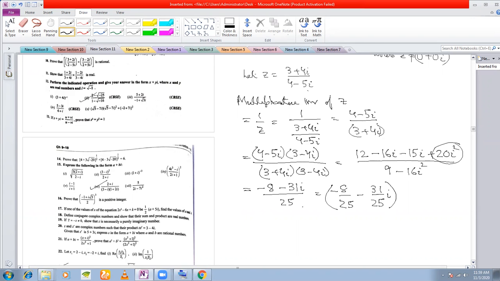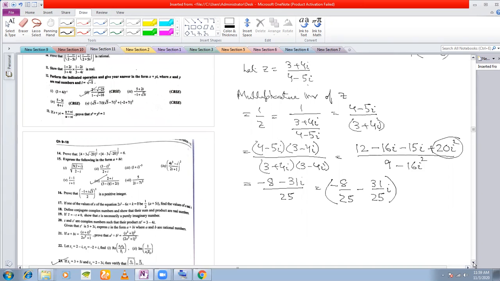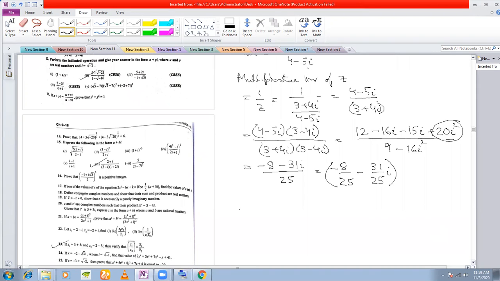Okay, is that absolutely clear? Twelve two. Perform the indicated operation and give your answer in the form x plus iy, where x and y are real numbers. Okay, you simply need to write this in the form x plus iy. Let us say z is equal to, write this as 1 minus root minus 16.